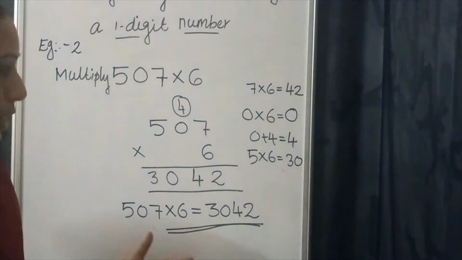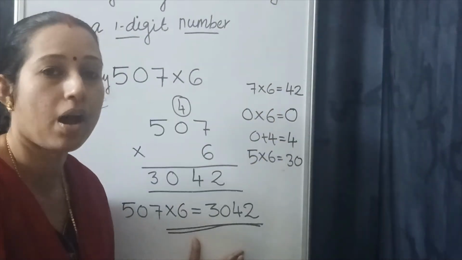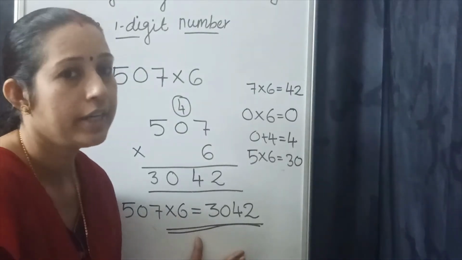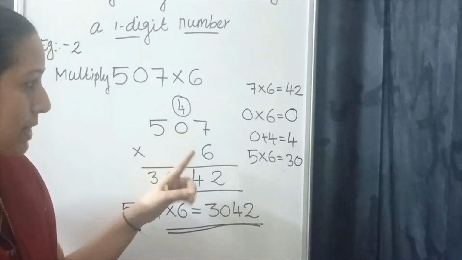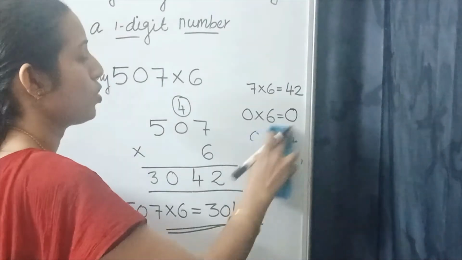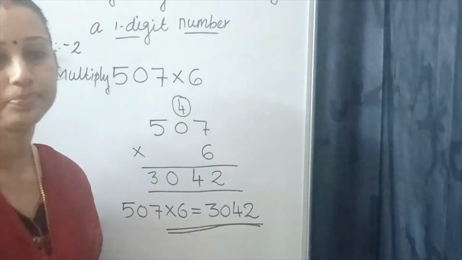Okay, so this way we can easily multiply a 3-digit number by a 1-digit number. After finding the answer, just rub this out. No need to write this here.